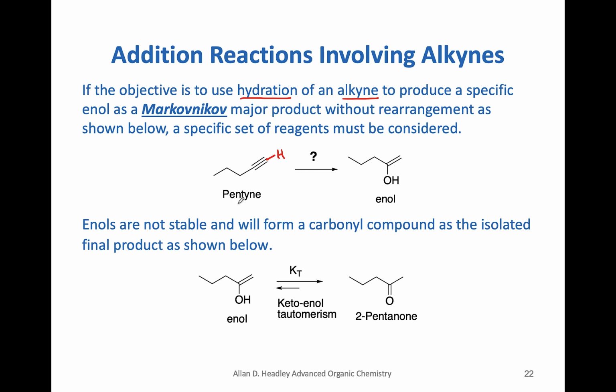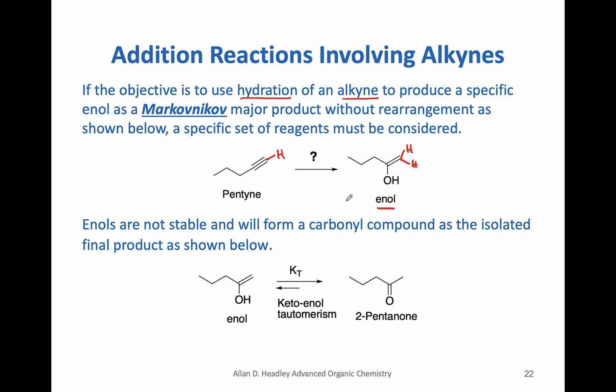So is it possible to add OH across this? Don't forget, this is again H and H. So is it possible to add H2O across this triple bond to give here a double bond? This is known as an enol. En right here, ol. So it's an enol.